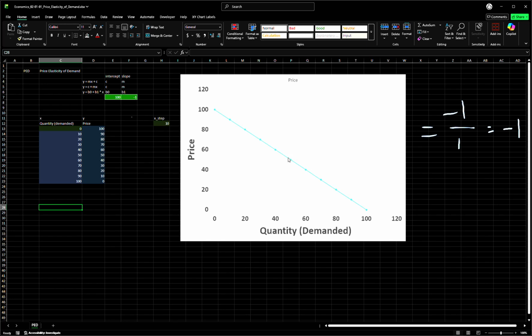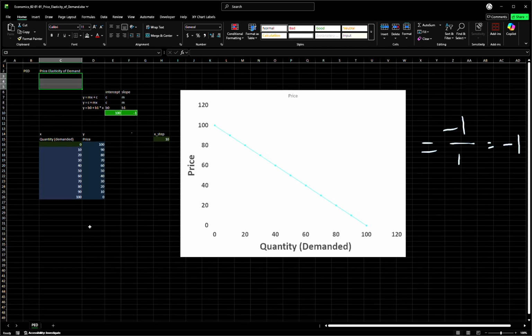Okay, so let's start with, this is the original state. We are at 50. Quantity demanded is 50 and the price is 50. So here and here. Okay, so let me draw. This is the start, that's 50 and that's 50.